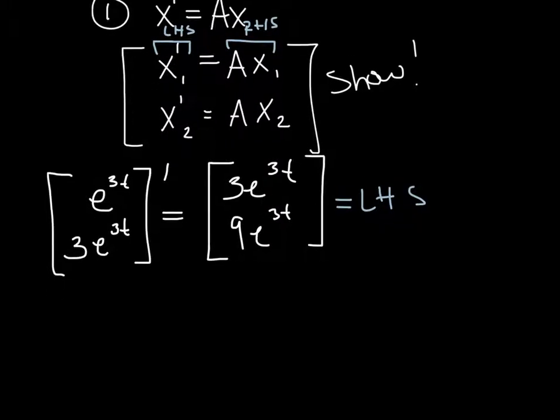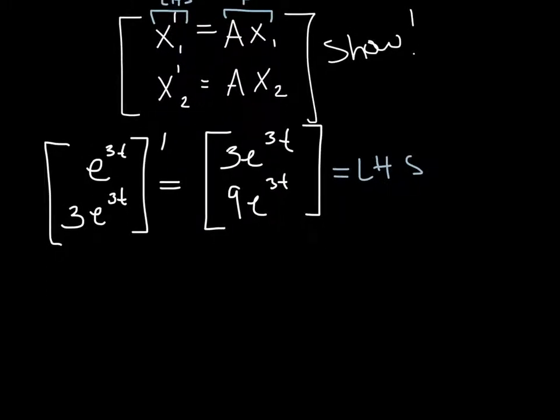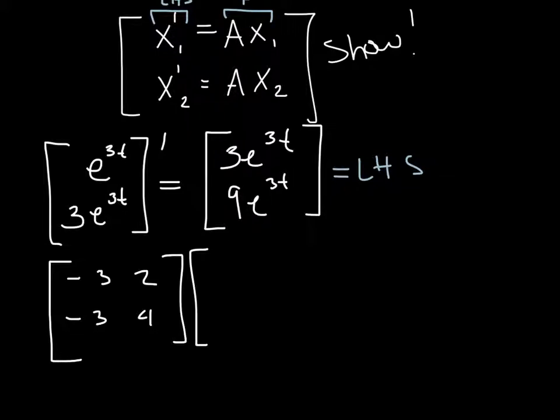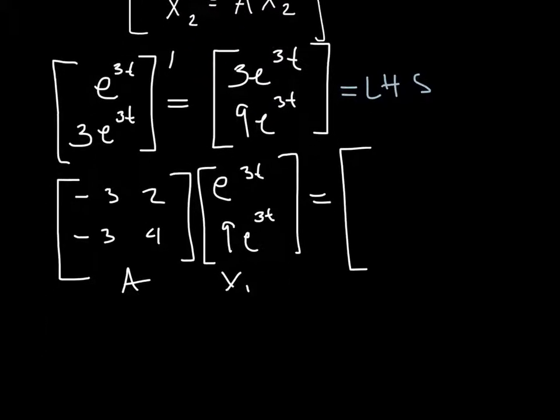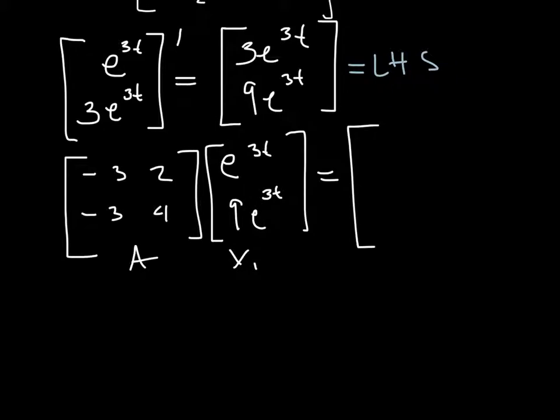Let's see if our right-hand side is equivalent. So A times x1. There's no differentiating in this part because there are no primes. I'm just going to take my A, which is negative 3, 2, negative 3, 4, and multiply it by my x1, which is given: e to the 3t, 3e to the 3t. Again, just matrix multiplication, and remember the order of these matrices.